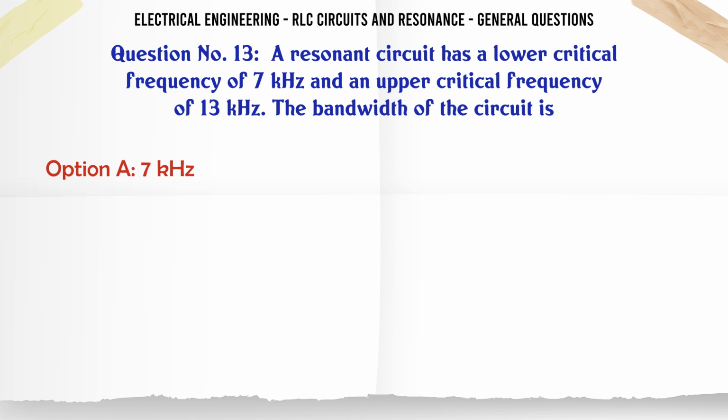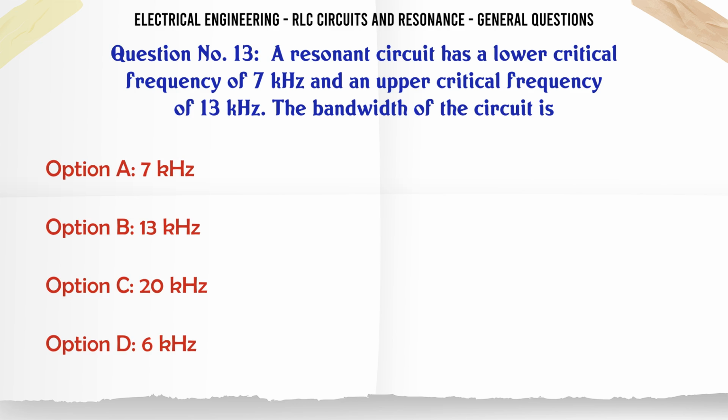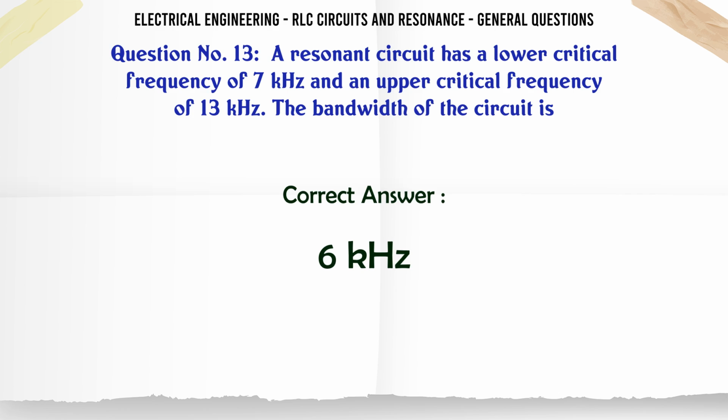A resonant circuit has a lower critical frequency of 7 kHz and an upper critical frequency of 13 kHz. The bandwidth of the circuit is: A, 7 kHz; B, 13 kHz; C, 20 kHz; D, 6 kHz. The correct answer is 6 kHz.